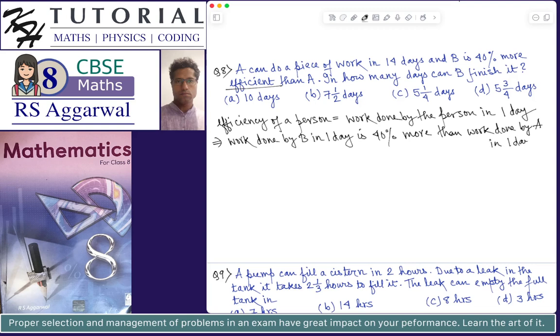So basically the efficiency of B is 40% more than efficiency of A.